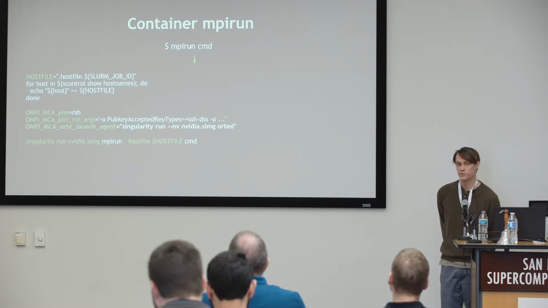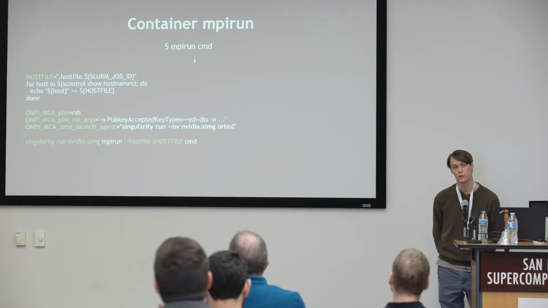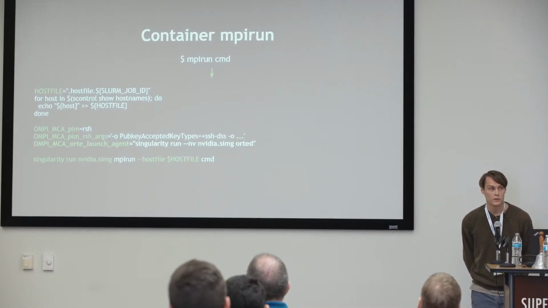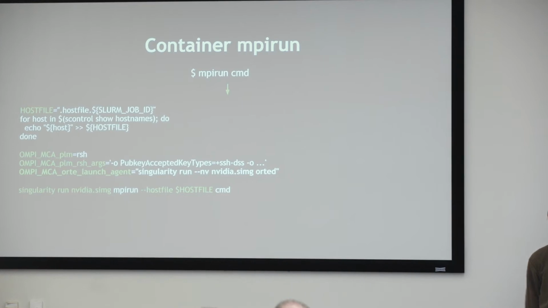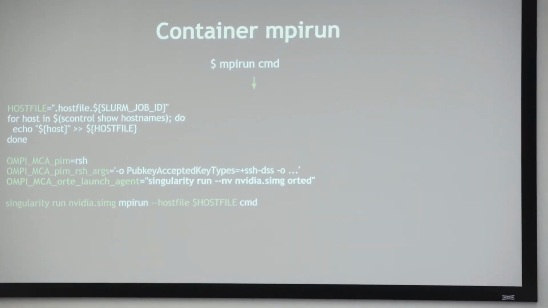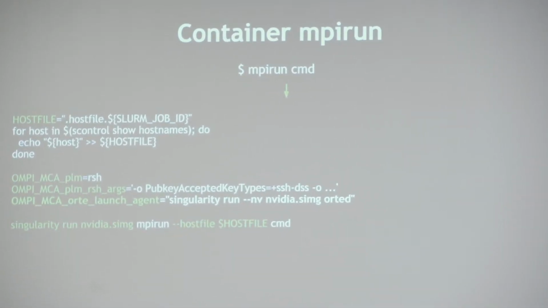There's another way. If you're not on a system with a compatible OpenMPI install or a compatible Slurm install, you can run mpirun inside the container. There's a couple ways to approach this. I prefer this method, although I'm always interested to hear what other people think. So the basic strategy, we'll go through this.